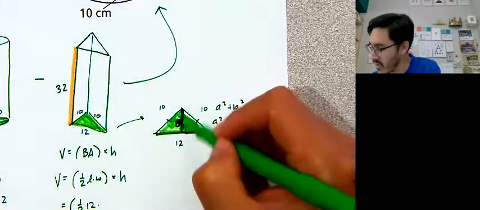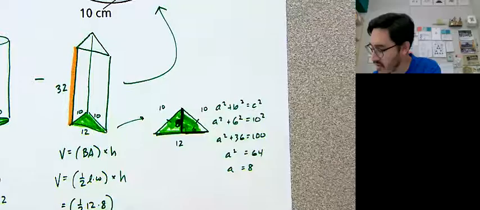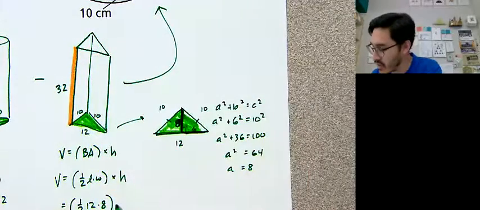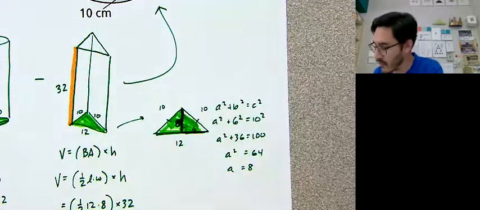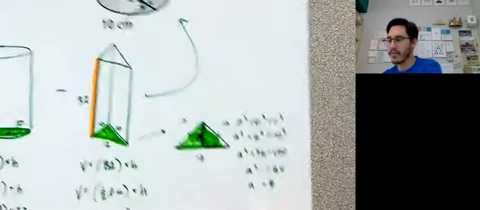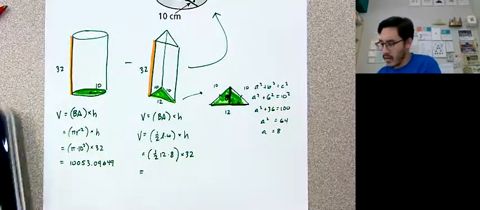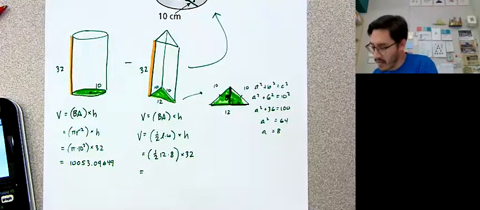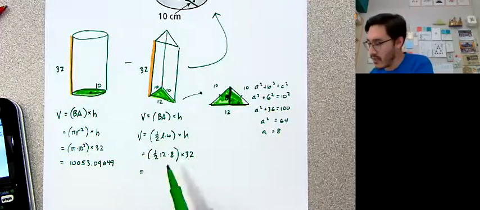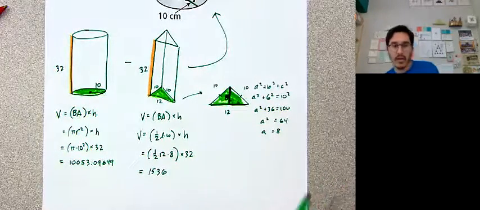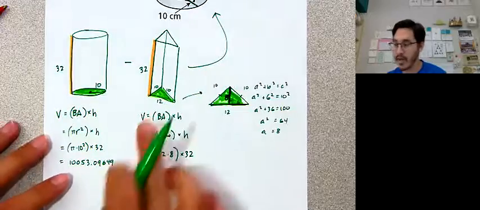The width is 8. And then the height is referring to the height of the prism, which is 32. Let's zoom out just a little bit. So 1/2 times 12 times 8 times 32 gives us a total of 1,536. That's how much volume is taken up by that triangular cutout.